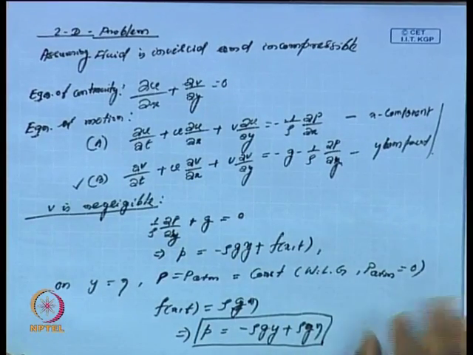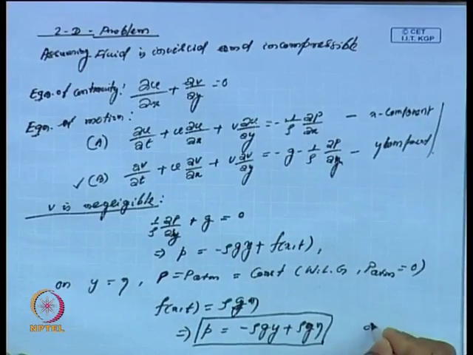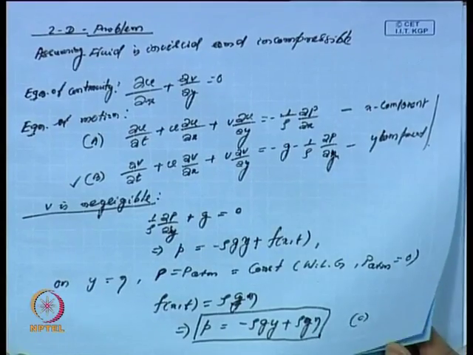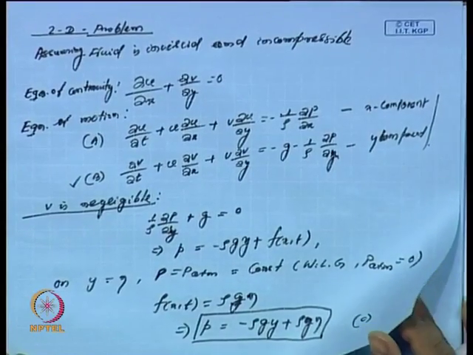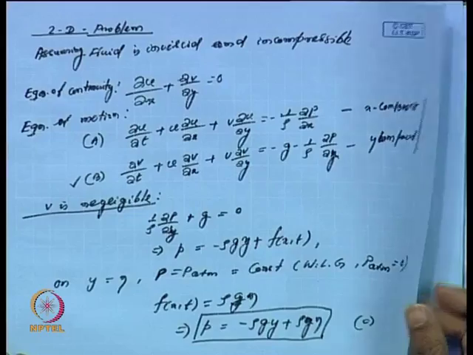Now, if we substitute for this in the first equation, this is c. If I substitute for c in A, then what we get, and again consider only the linear terms.